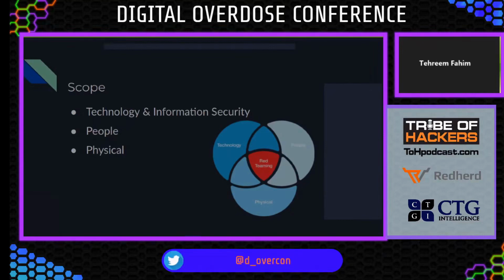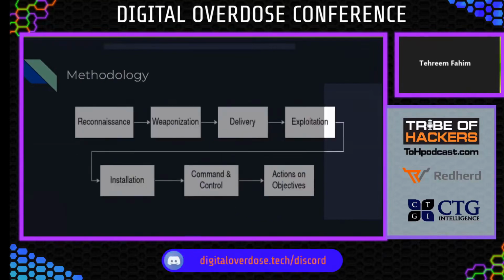Let's talk a bit about methodology. As you can see in the diagram, it includes 7 phases. The first phase, that is reconnaissance, is focused on collecting as much information as possible about the target. Reconnaissance is also called information gathering. It is one of the most critical steps.